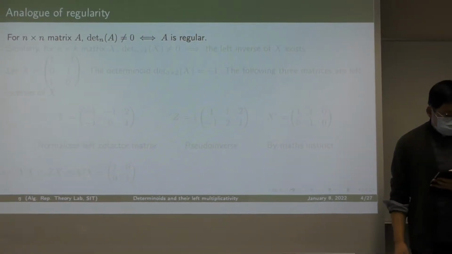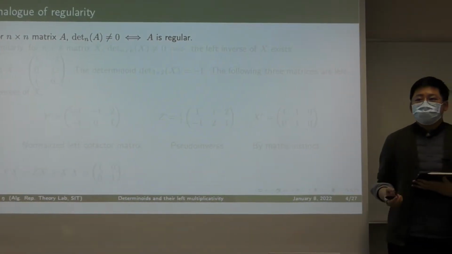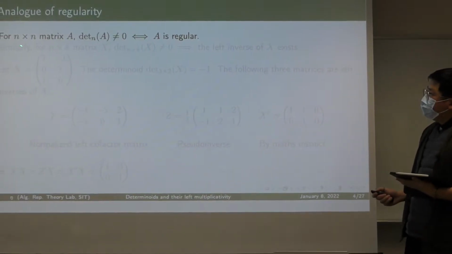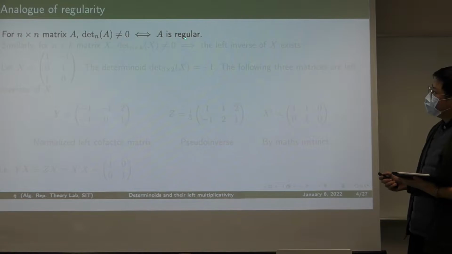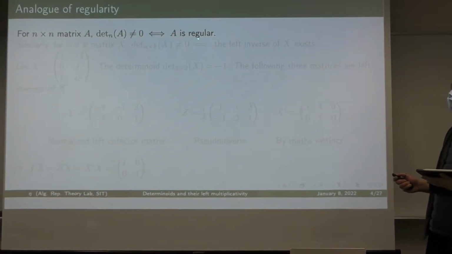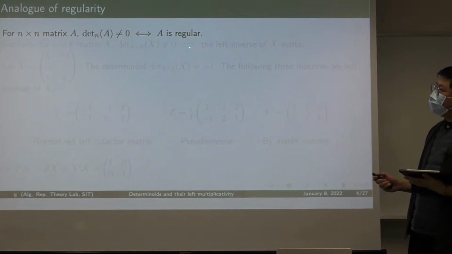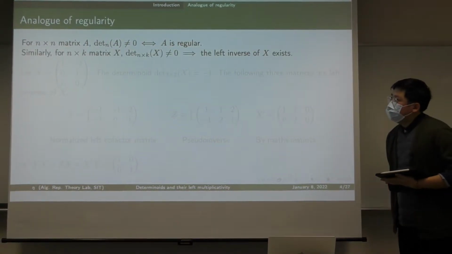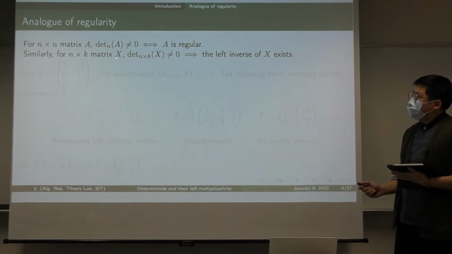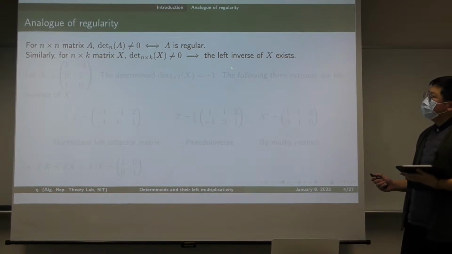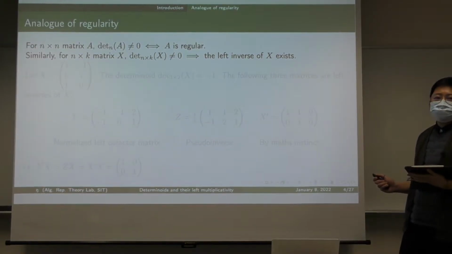Whenever we talk about the determinant of a matrix, for example A, the first thing we come up with is: if the determinant is non-zero, then A is regular. And if A is regular, then we know that the determinant is non-zero. Similarly, for an n by k matrix X, if the determinoid of X is non-zero, then the left inverse of X exists.